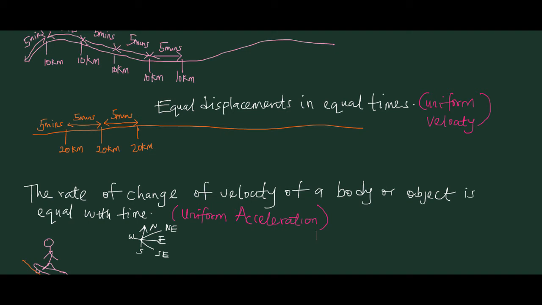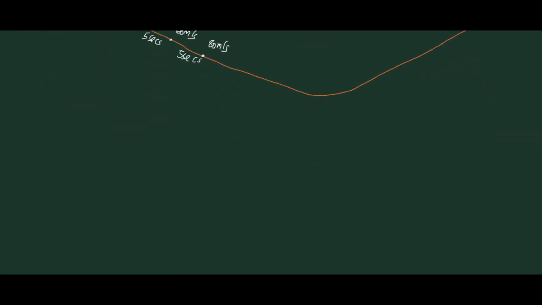Also, a raindrop or water drop from a particular height moves with a uniform acceleration. This is the particular height of the raindrop, and we have the water somewhere here.